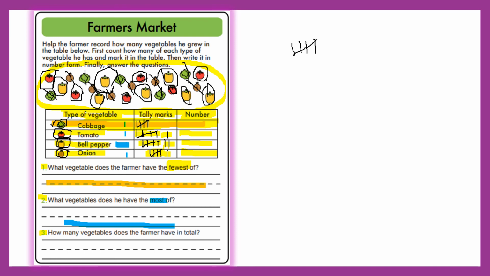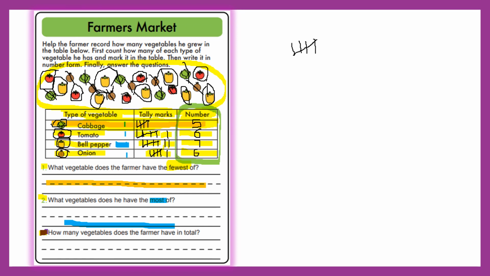And for number 3, right down here, how many vegetables does the farmer have in total? So, have in total. Now, this might be a little tricky. Let's see if you guys can do this, all right? We take these numbers all down here, all right? And you should have, let's see, you should have a 5, a 6, a 7, and another 6.